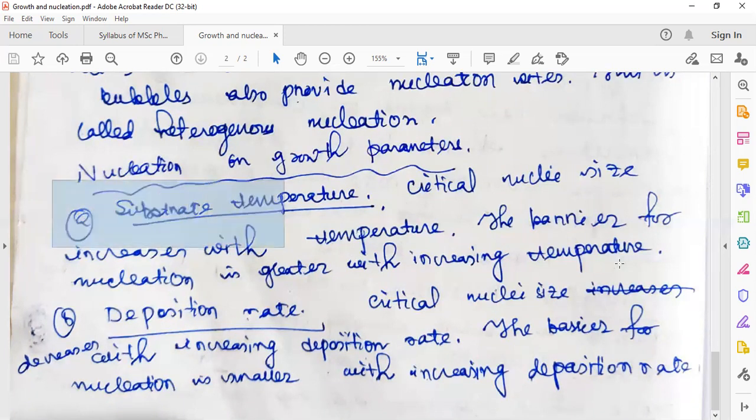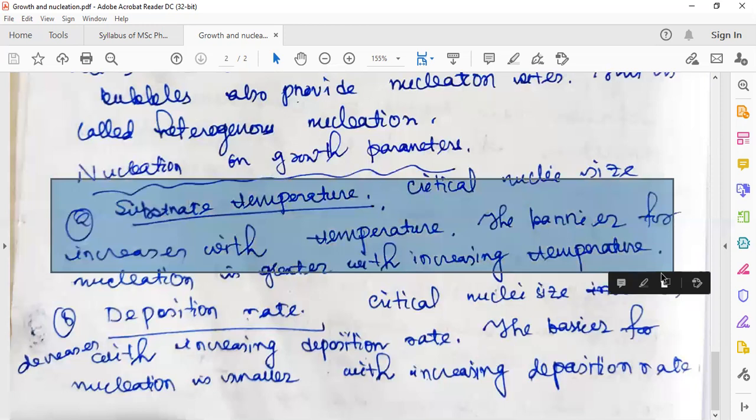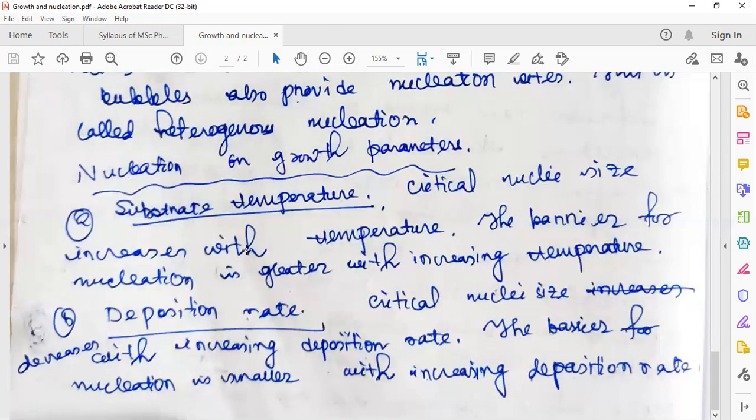Why? Because the nucleation comes from the nucleus, and the nucleus size for growth is higher at high temperature.